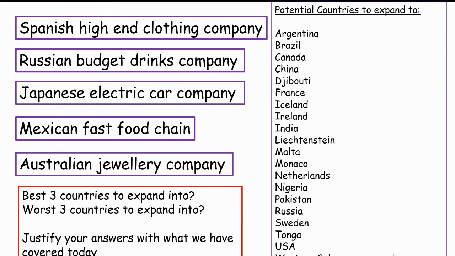Think about that, and maybe you can think about how close you are to that country, because it's going to be less expensive for Spain to expand into Italy or France that it borders than it would be for Spain to expand into India or something like that.